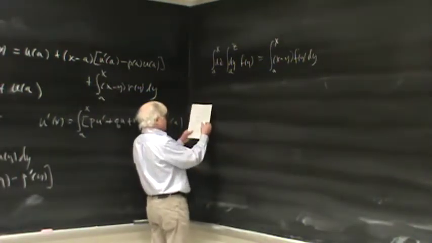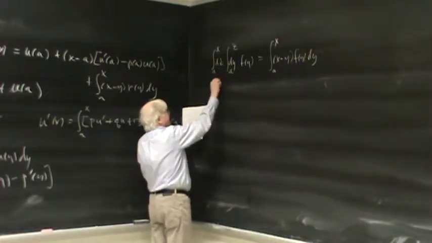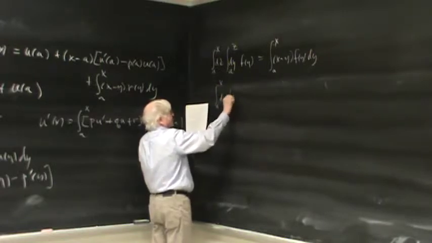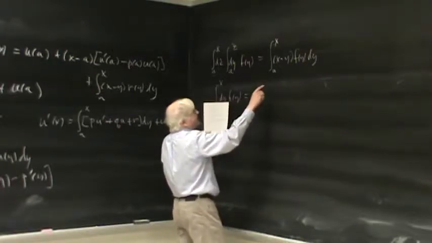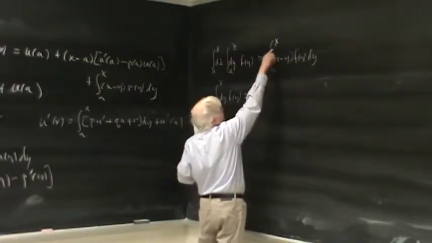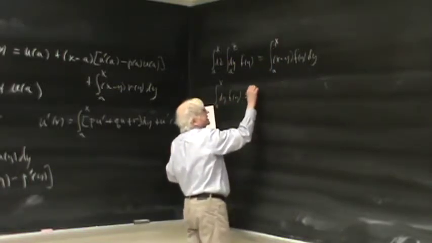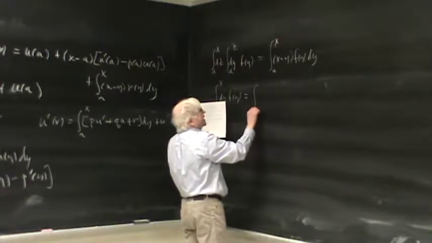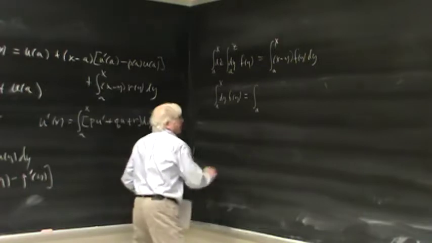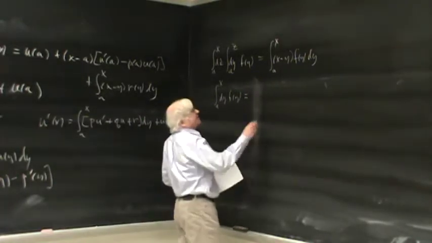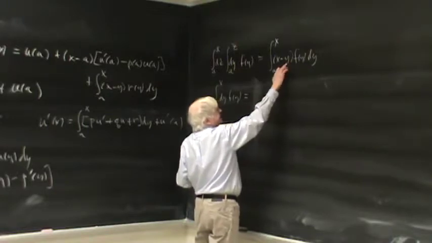We differentiate with respect to x, and what we get is integral a to x dy f of y is equal to... Differentiating with respect to x, we get this thing here with y set equal to x, right?